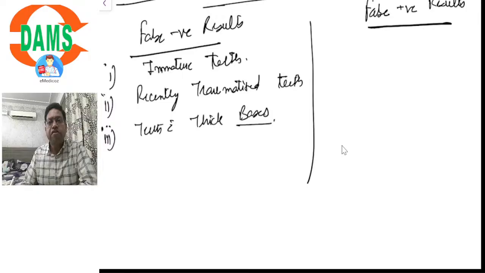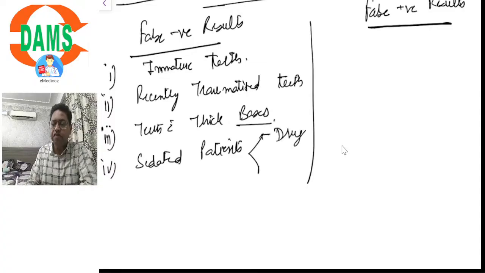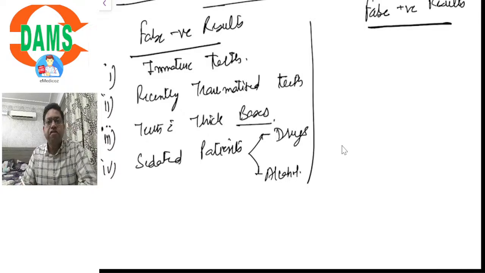So a tooth that has been restored with thick bases, the electric current would not go to the pulpal nerve fibers, resulting in false negative results. And then we have sedated patients. Patients can be under the influence of drugs or alcohol. Altered sensations are there. They do not respond to electrical testing as frequently as normal patients.